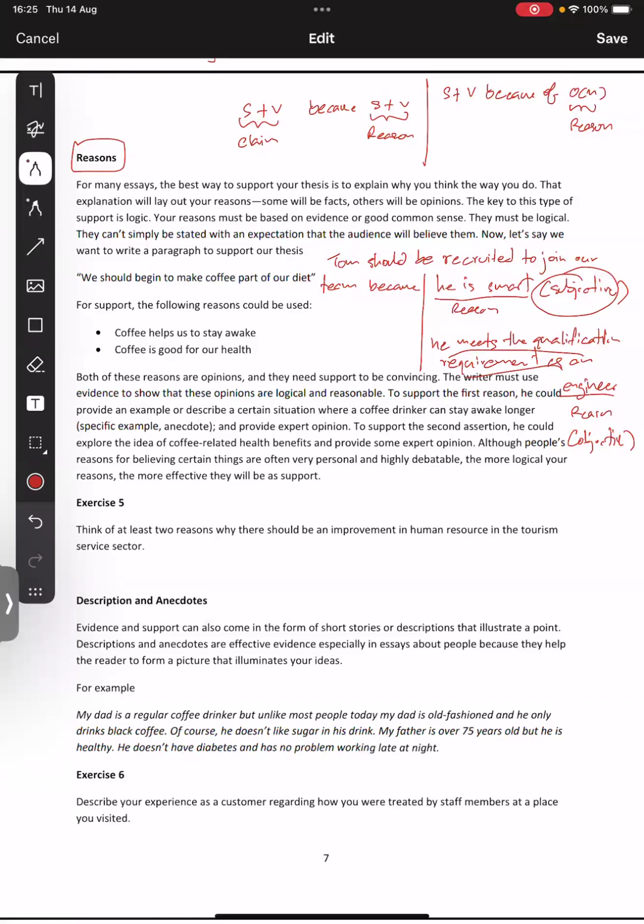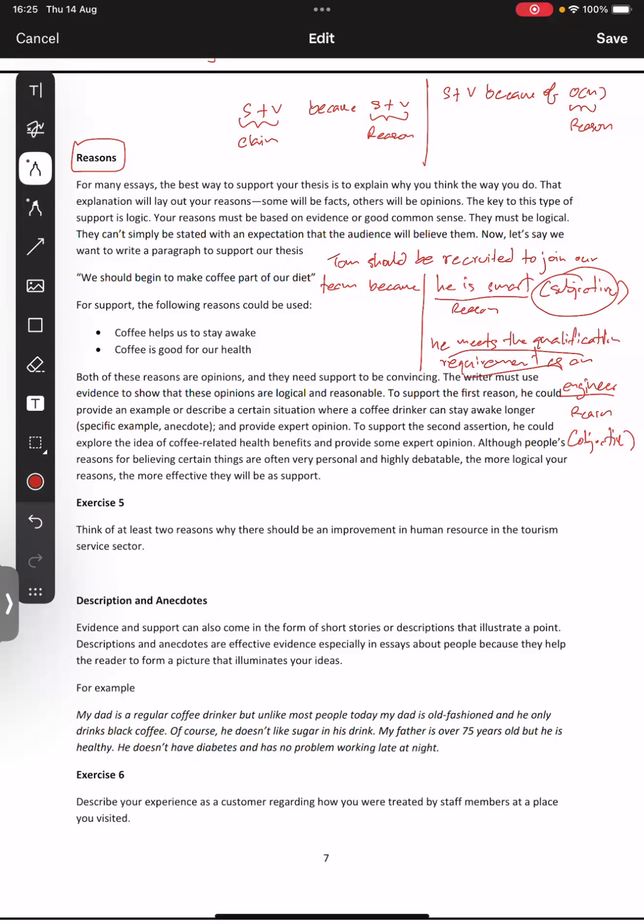So based on this standard, Tom is quite an intelligent person, and he should be able to learn things quickly. Now this becomes a good support because you have good logic.